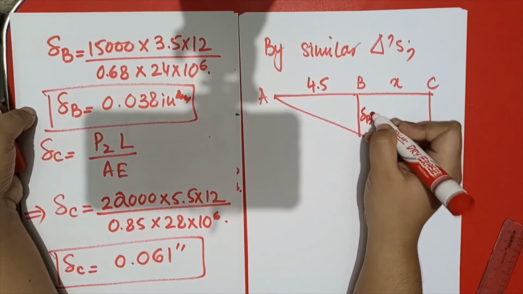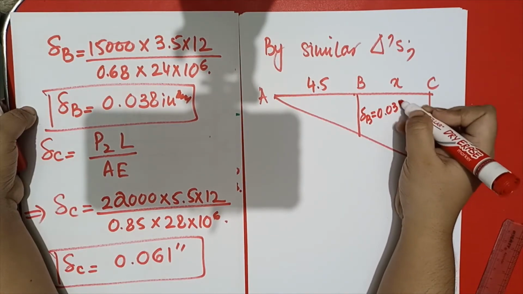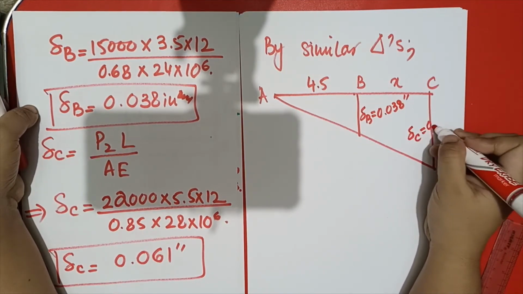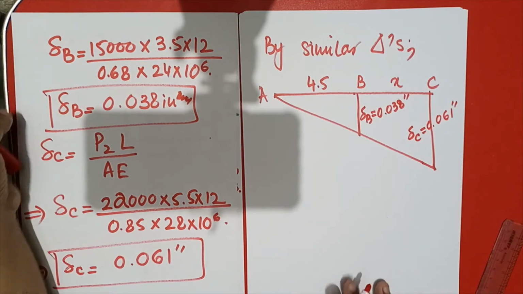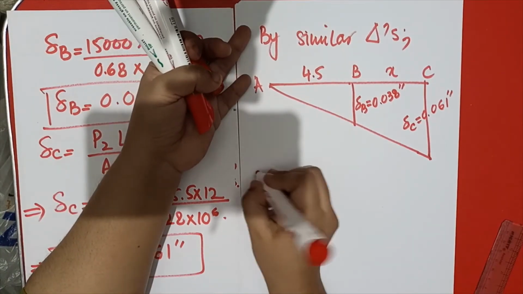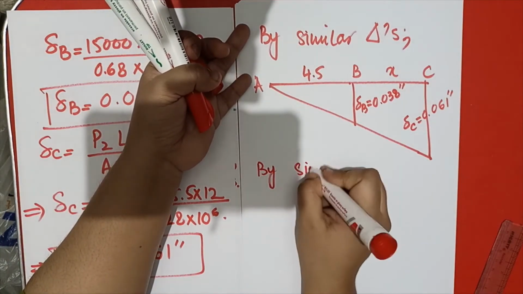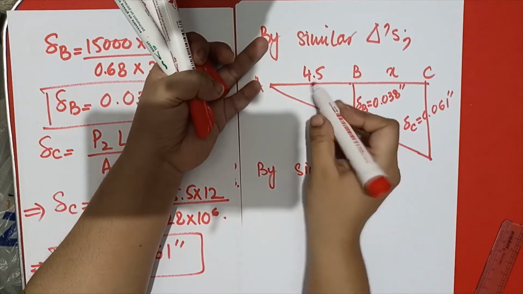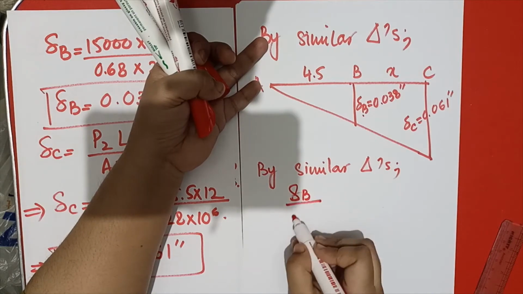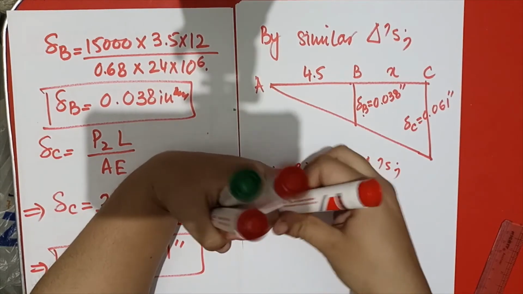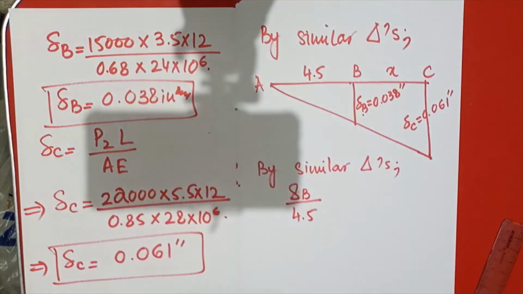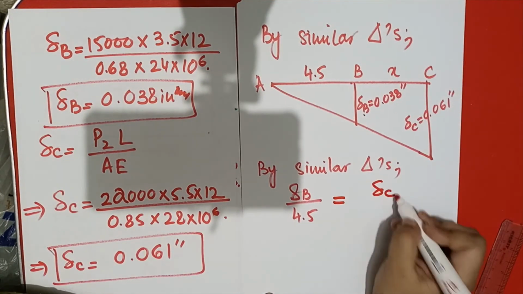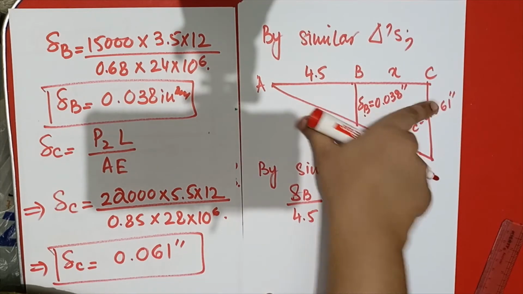So Delta B is 0.038 inches, and it is a very easy numerical as compared to the previous one, and Delta C is 0.061 inches. So what we have to do is use similar triangles. Delta B upon 4.5 equals Delta C upon 4.5 plus x.